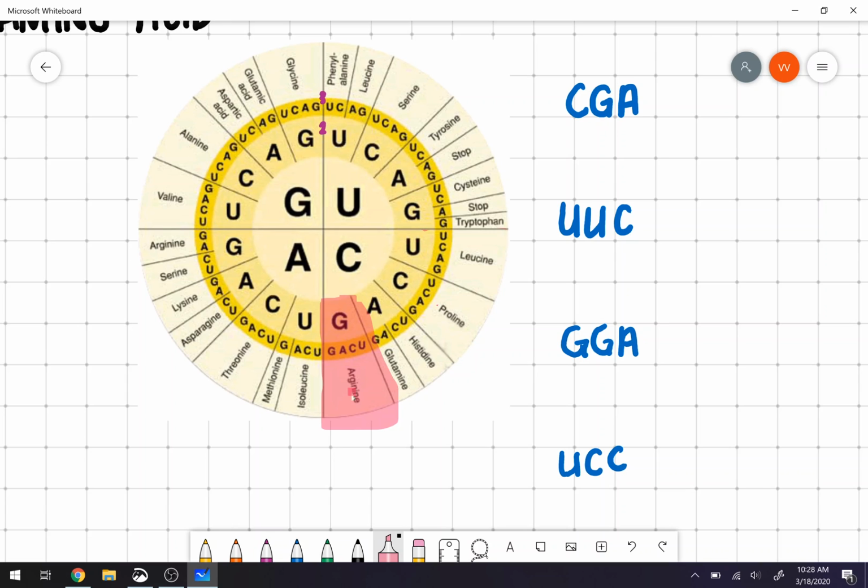And the last one is A, and it tells us that the amino acid we need is arginine.